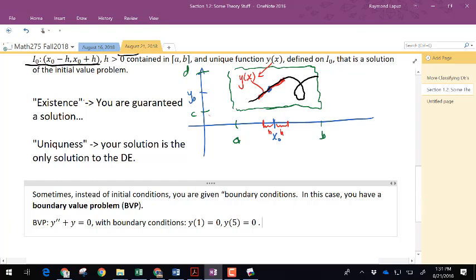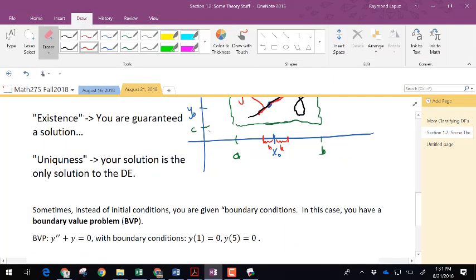An example of a boundary problem would be this example where you have y double prime plus y is equal to 0. And then you have, instead of initial conditions, like what's y of 0 and y prime of 0, they tell you what happens at y of 0 or y of 1 and y of 5. So they're giving you information about the boundaries. And so it's called a boundary value problem.